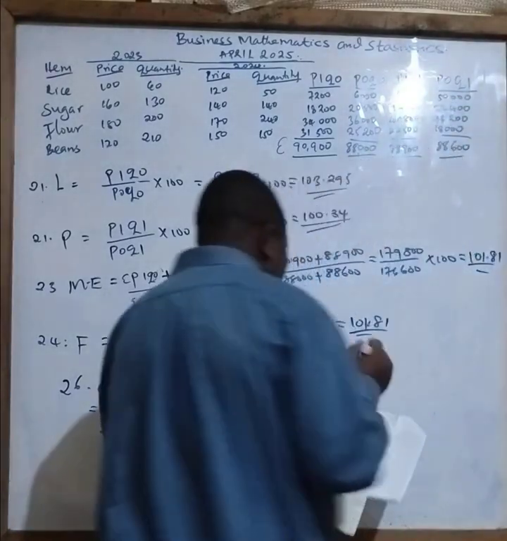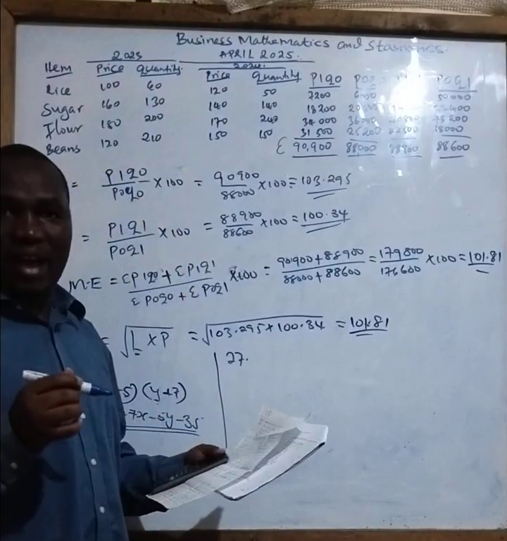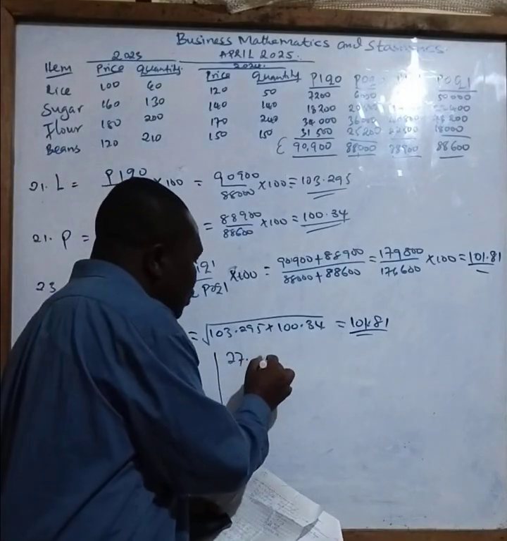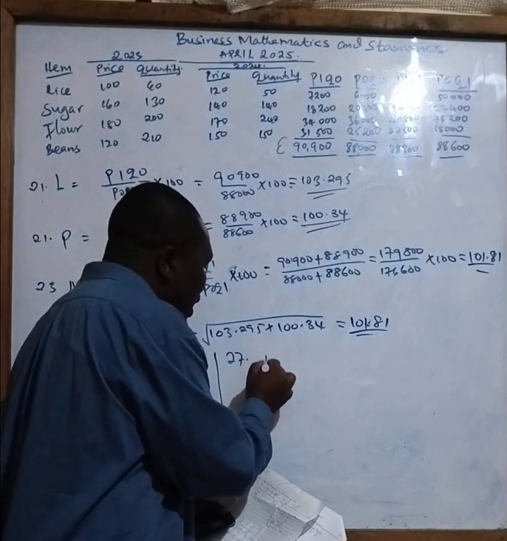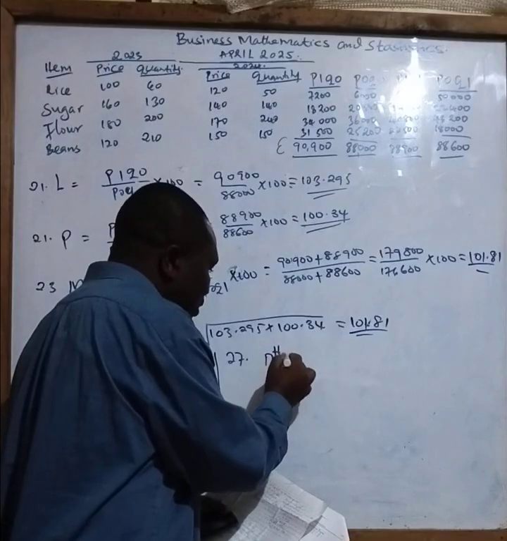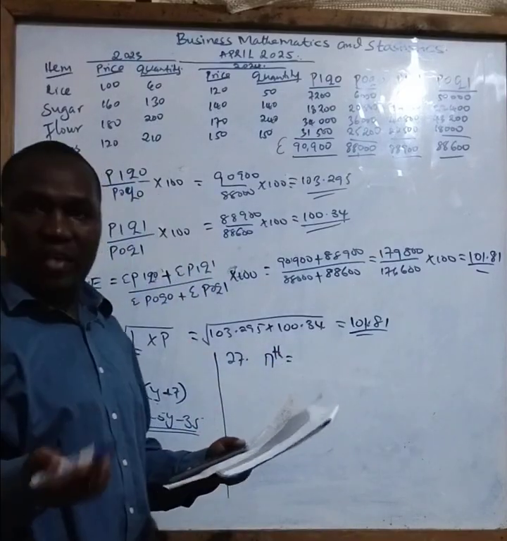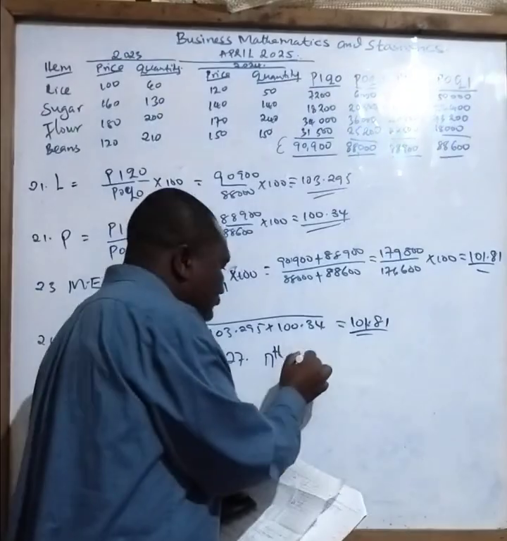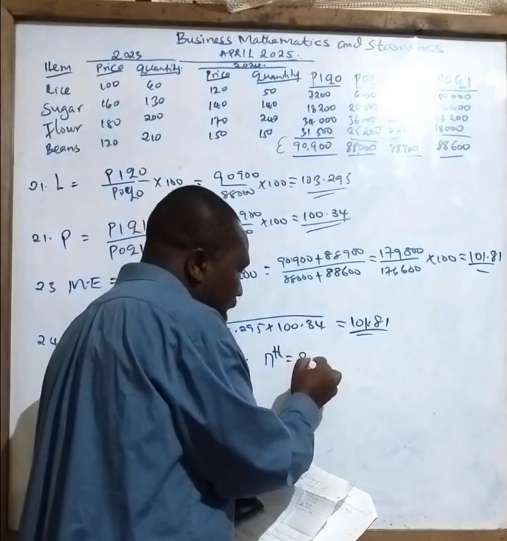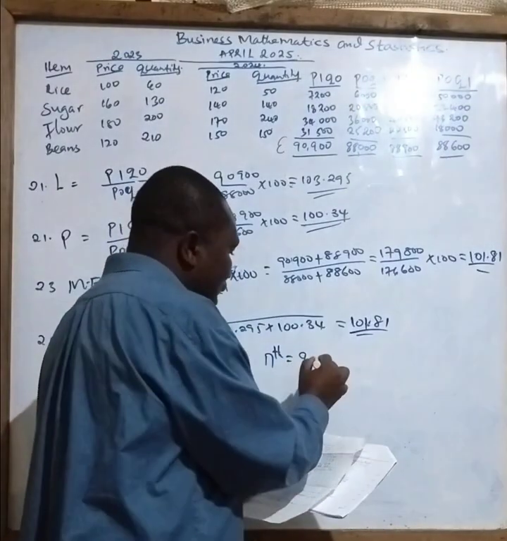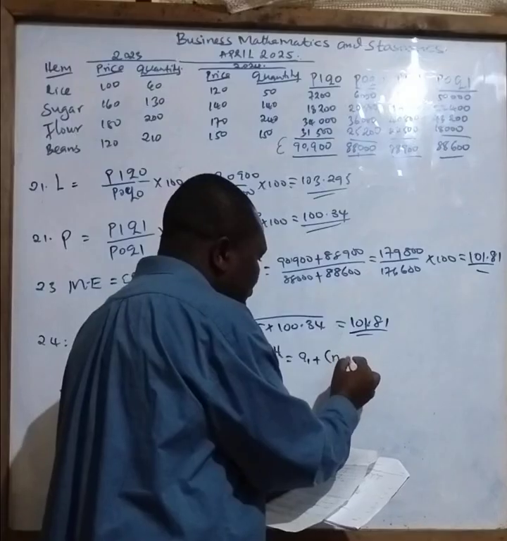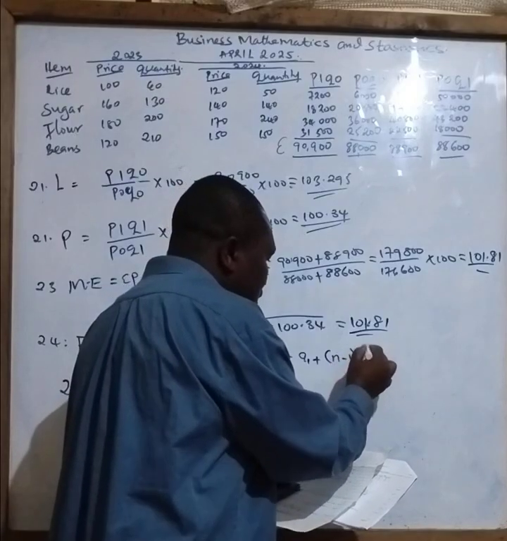First, you need to find out how to find the nth term. Assuming my nth term is given as the first term, a1, plus (n minus 1) times d.